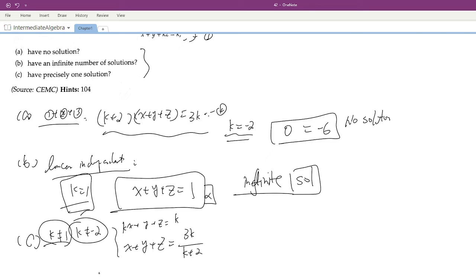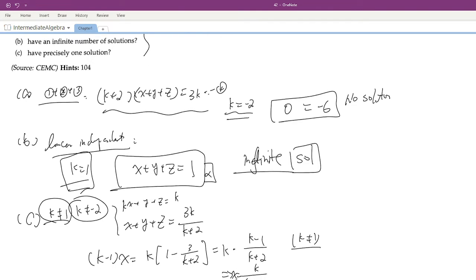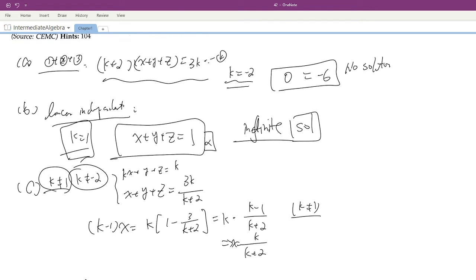So in this case, you know k minus 1 times x equals k minus 3 over k plus 2, then equal to k times k plus 2 and k minus 1. Because k doesn't equal 1, right? So you know it's k over k plus 2. So by symmetry, you can see x, y, z in this case is equal to k over k plus 2, k over k plus 2, and k over k plus 2. Yes, next.